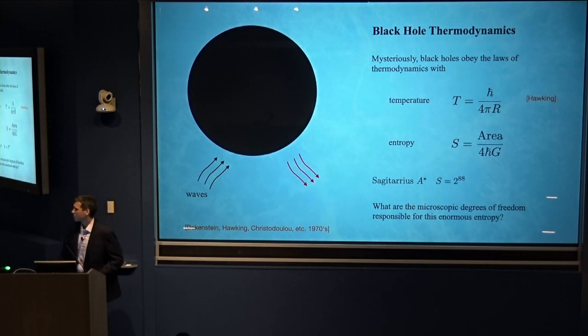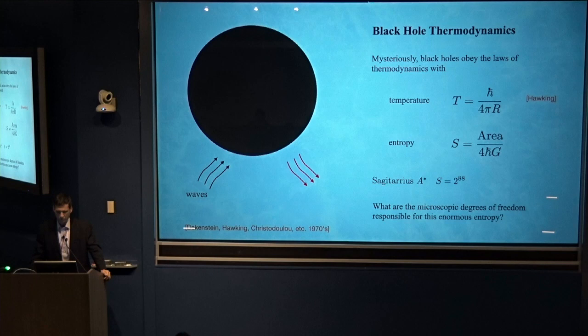They're made of a very large number of parts, which is a mystery, because I said just a minute ago that black holes aren't made of anything at all, that they are just featureless objects. So the mystery is understanding the origin of this complexity, understanding what it is that black holes are made of and what gives you this enormous entropy.